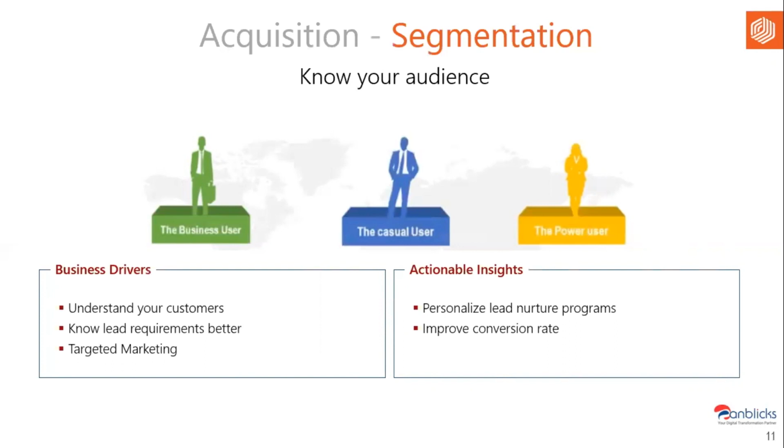The first one is the business user, the second persona is the casual user who maybe uses the phone for the sake of it, and the third one is the power user who uses the entire features of the phone. This way, the mobile phone company will know who their audience is, and they can reach out to them in a very personalized way, and also chart their marketing strategies.